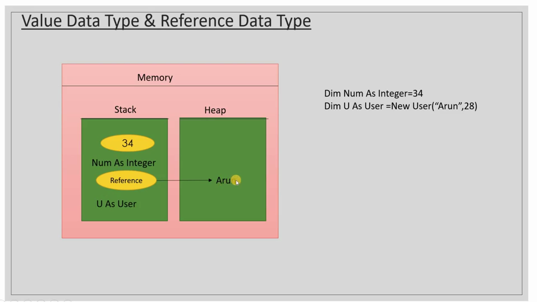Reference type variables are actually stored in the memory twice, once in the stack and once in the heap. The actual object is found in heap and the reference is found in stack. That is the main difference between value data type and reference data type.